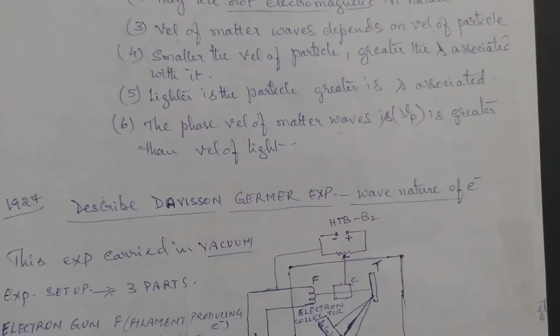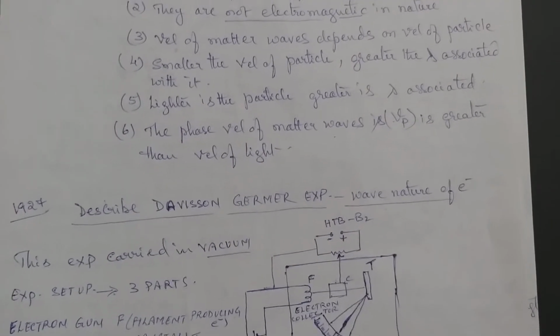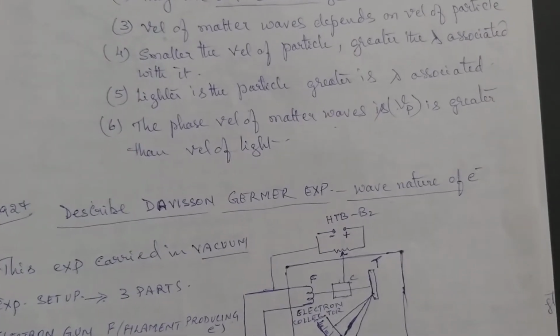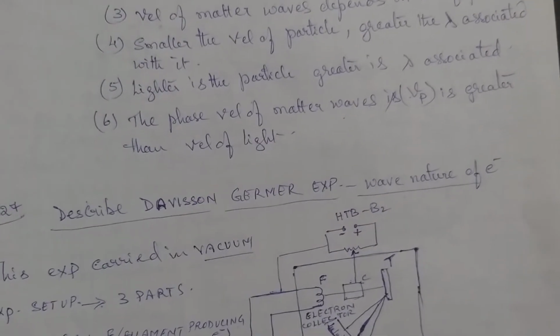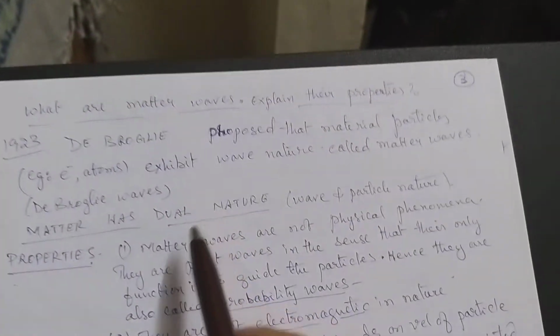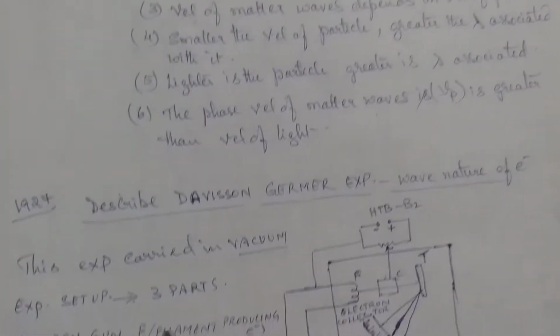The particle is there, constructive interference; not there, destructive interference. And the group velocity will be equal to the particle velocity. So we will read it later. So these are the general properties of matter waves.